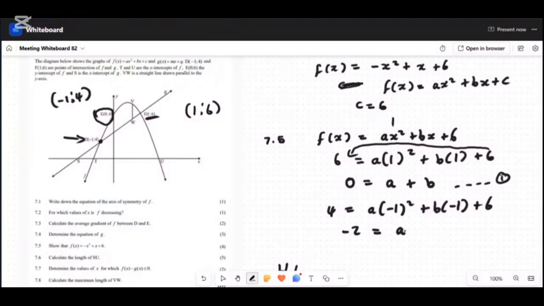It is actually A, and then B times -1 is minus B. So this is equation 2.